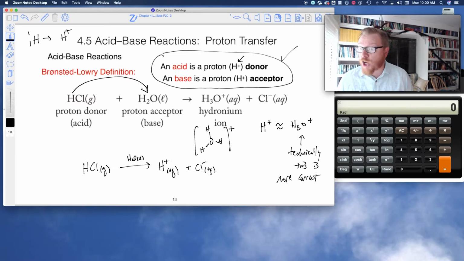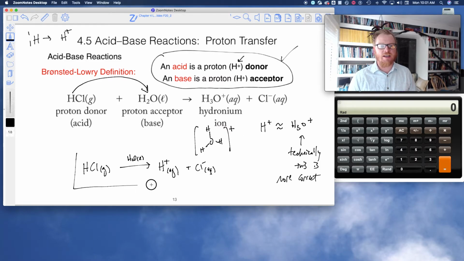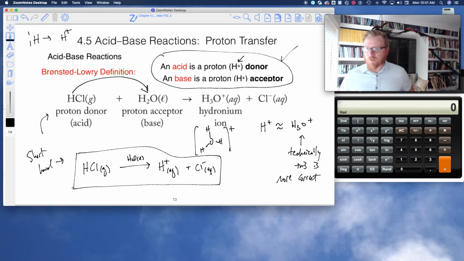Because when water is present, water will absorb those protons because water is a proton acceptor. It's a base, okay? But when we write chemical reactions, generally it's okay to say H+ is the same as H3O+. So this reaction is a shorthand way of writing this reaction, okay?